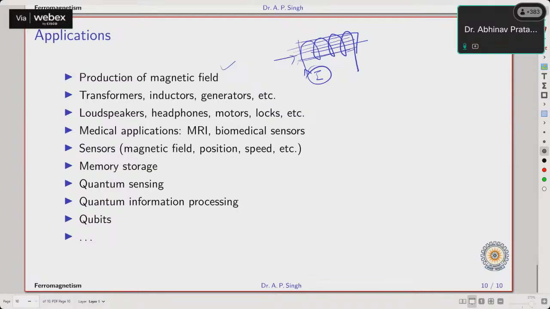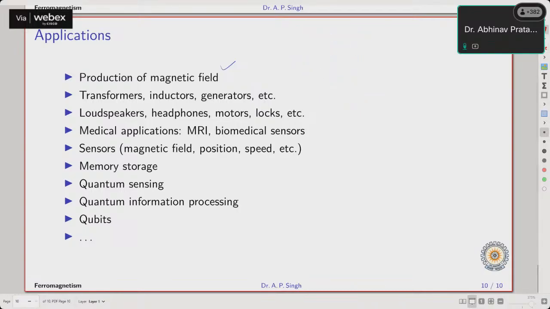Previously that used to confuse me, but when I read about ferromagnetic material, I realized that inside the ferromagnetic material, the magnetic field is very, very large. That is what creates the magnetic field. So ferromagnetic material is used to produce a magnetic field, even in the electromagnet also.